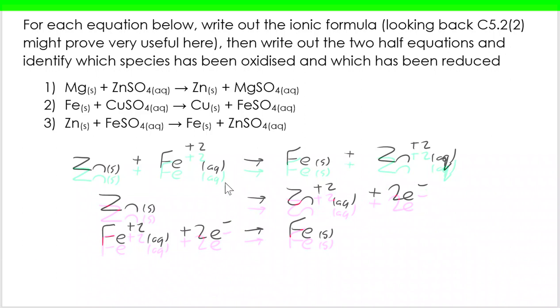My overall charge is now 0 on the left, 0 on the right, 0 on the left, 0 on the right. And again, just so we can see very, very clearly, zinc has been oxidized because it's lost electrons, and iron 2 ions have been reduced because they've gained 2 electrons.